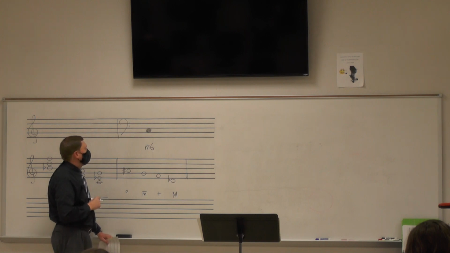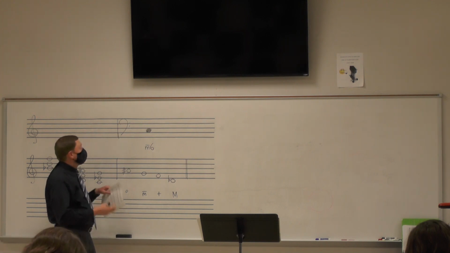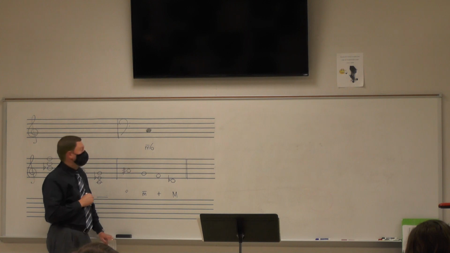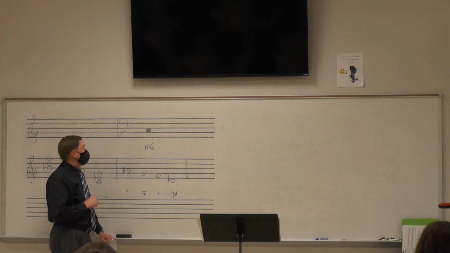Because the minor sixth is kind of a somewhat large interval, I guess I should say. Generally, if you deal with fifths and sixths and sevenths and octaves, those are pretty large, whereas the fourth and smaller are definitely less large intervals.